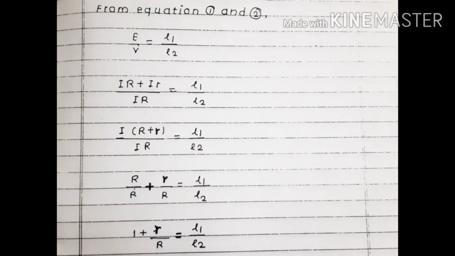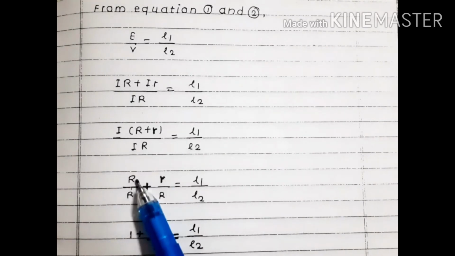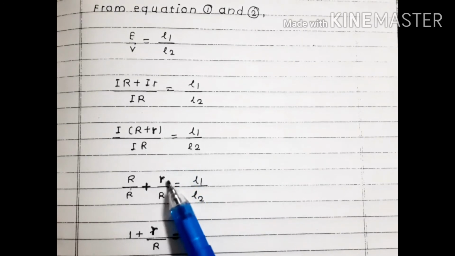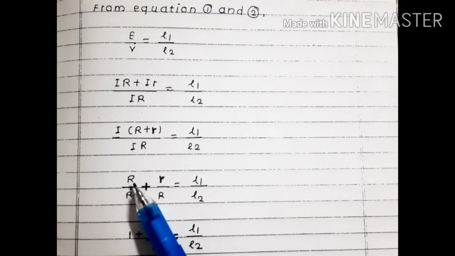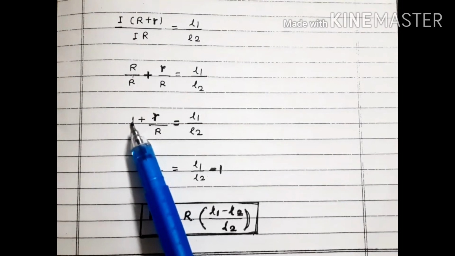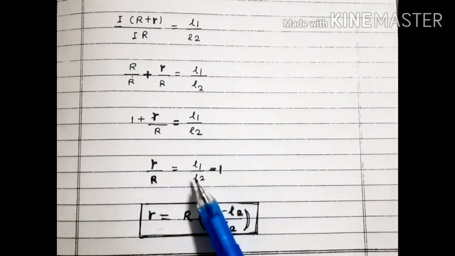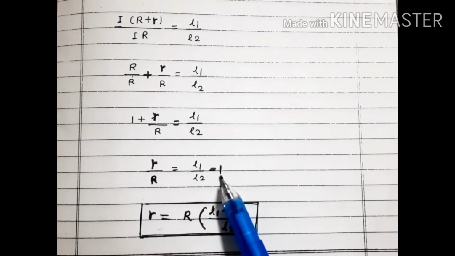By dividing the denominator into each term present in the numerator, capital R divided by capital R plus small r divided by capital R is equal to L1 divided by L2. This R cancels, therefore it becomes 1 plus small r divided by capital R is equal to L1 divided by L2. By transferring this plus 1 to the RHS, we get small r divided by capital R is equal to L1 divided by L2 minus 1.